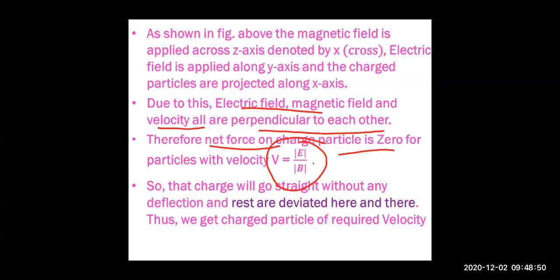For only those particles which are moving with velocity E by B. And only those particles are going to go straight without any deviation, without any deflection. They're going to pass straight away through the electric and magnetic field, and they are received on the other side of the screen. And the rest of the particles, they get deviated.